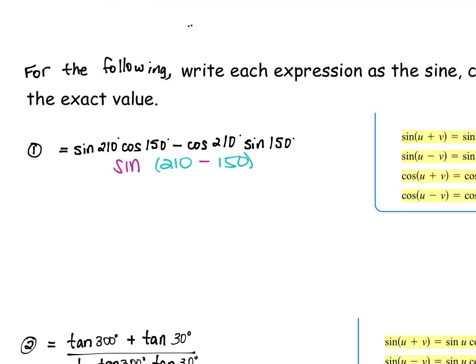Subtraction goes in between the two angle measurements in the parentheses. What is 210 minus 150? 60 degrees. So this is telling you to take the sine of 60 degrees. Look back at your unit circle. What is the y value on 60 degrees? Square root 3 over 2. That is your answer.